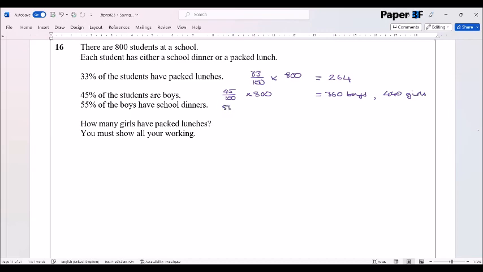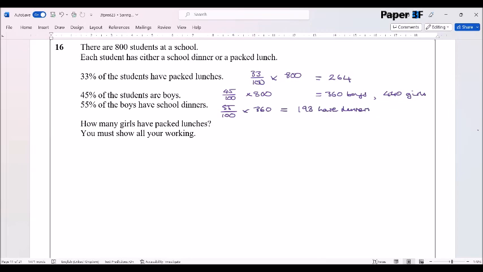So 55 out of 100 of the boys, so times by 360. So that gives me 0.55 multiplied by 360. That's 198. So 198 have dinners.